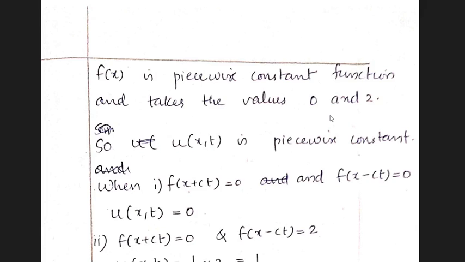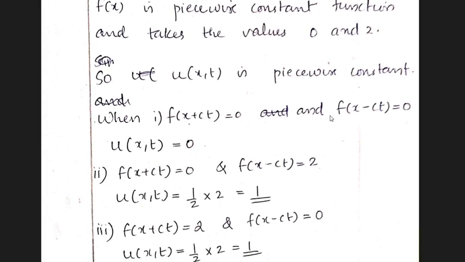We know that f(x) can only take the values 0 and 2, so f(x+ct) and f(x-ct) can also have 0 and 2 only.